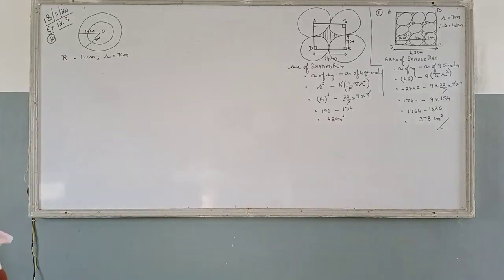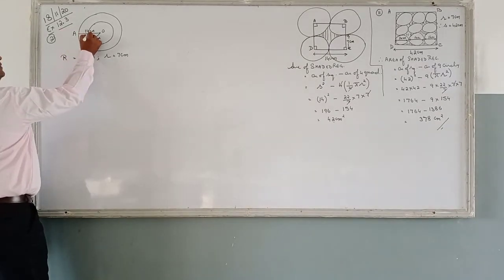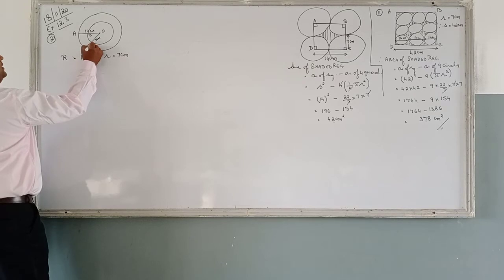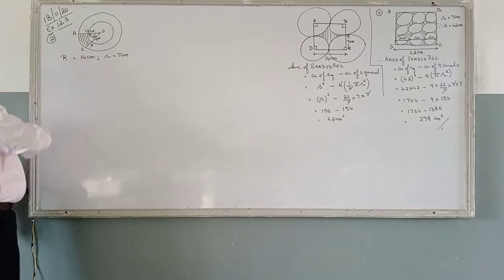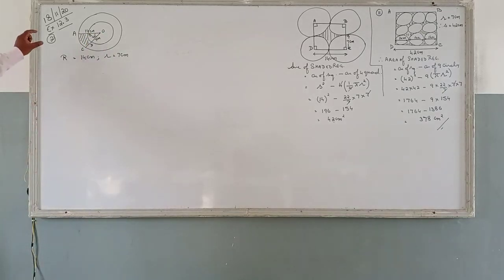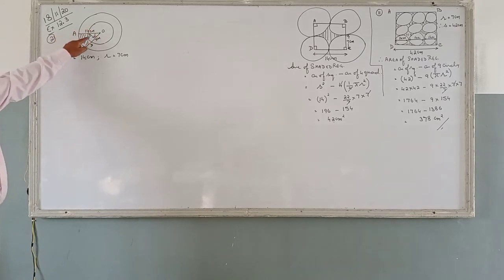And there are vertices given to you, right? A, B, C and D. This is A, B, C, D, and this is the shaded region. And this central angle is given to us, 90 degree. So if you observe it carefully, is it a quadrant of a circle? From the area of the bigger quadrant, we subtract the area of the smaller quadrant.